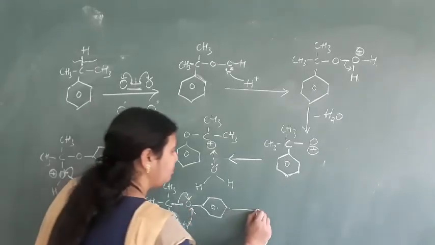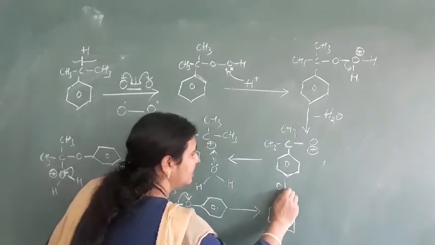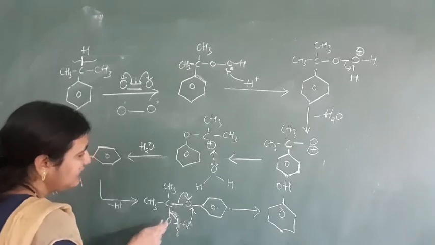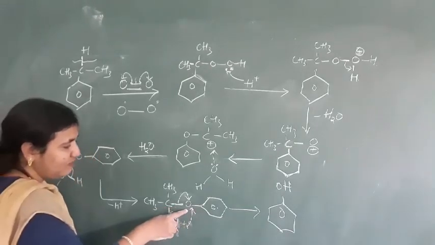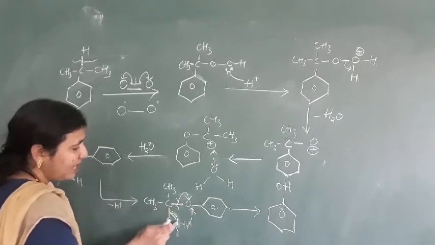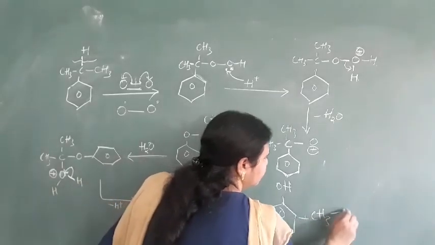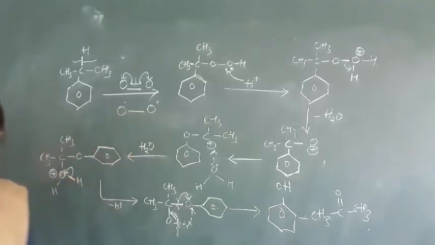Finally, this hydrogen goes with the oxygen, so we are getting phenol, and this bond is coming here, that means CH3 C double bond O CH3, acetone. This is the mechanism of cumene.